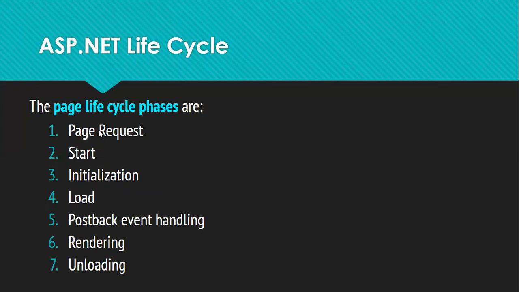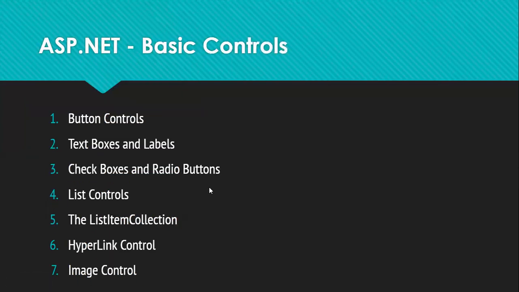As the request comes to the server, the server gets started, then the initialize phase, then the load phase, and after that postback event handling. Next is rendering, and last is the unloading. So these are the 7 steps of the page lifecycle phases.